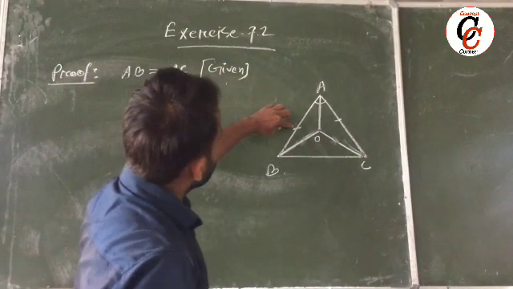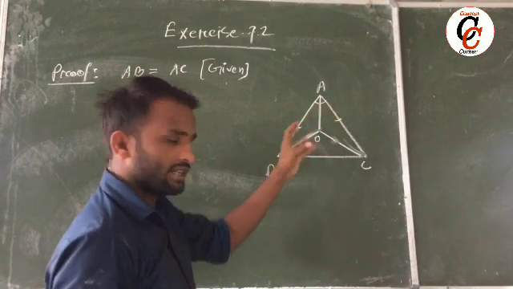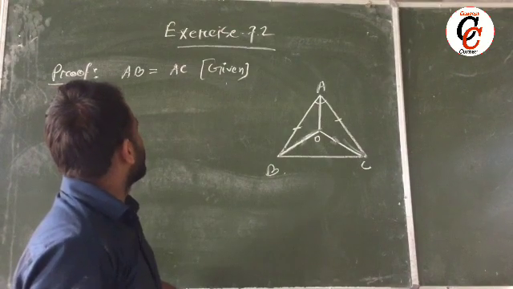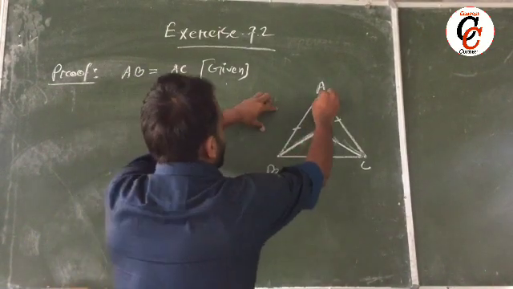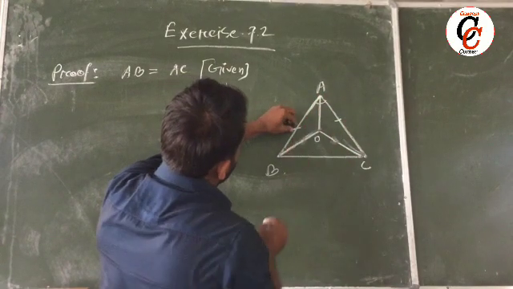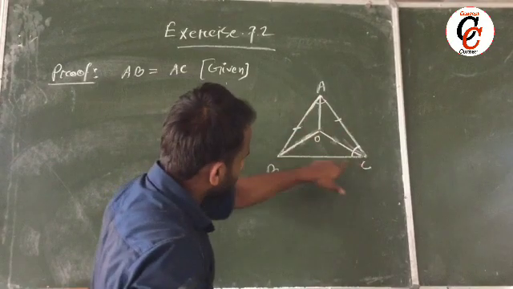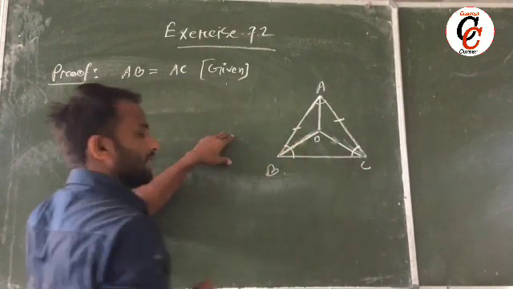Since AB is equal to AC, that means these two sides are equal, then their opposite angles will be equal. In the earlier theorem, we got that the angles opposite to the equal sides are equal. So AB is equal to AC, that means the opposite angle of AB is angle C, that means ACB, and the opposite angle of AC is angle B, that means ABC.